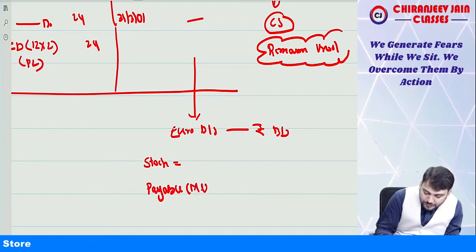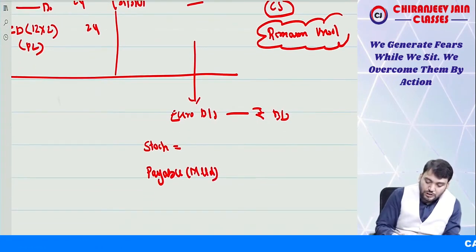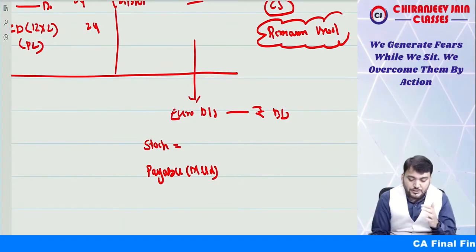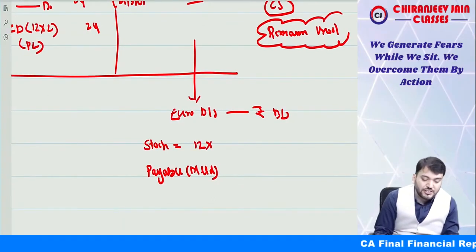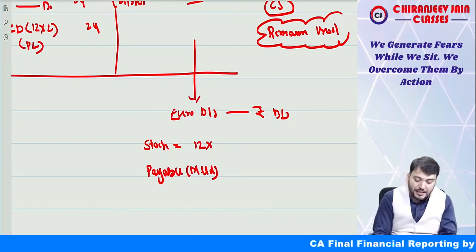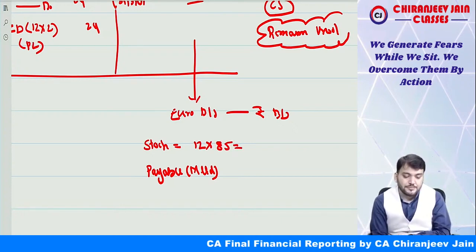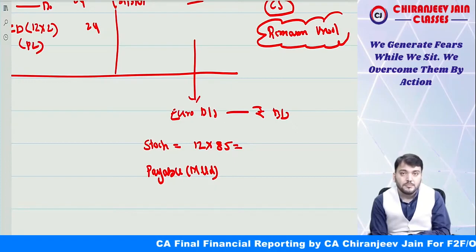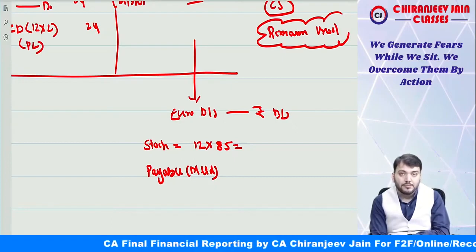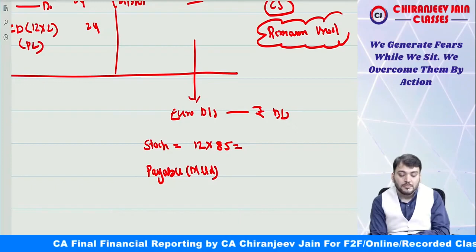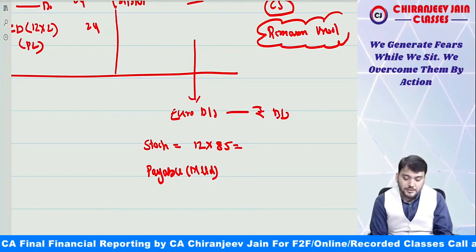So stock is how much? It is 12. What is the closing exchange rate? 85. I hope you are understanding. Correct.